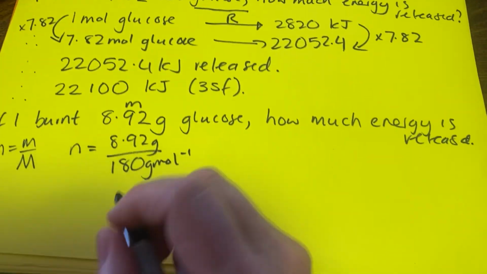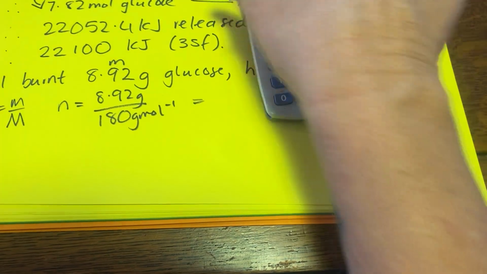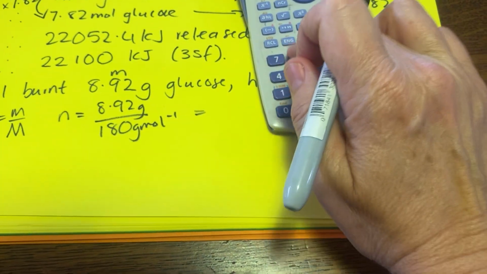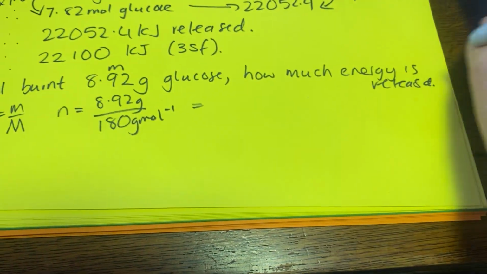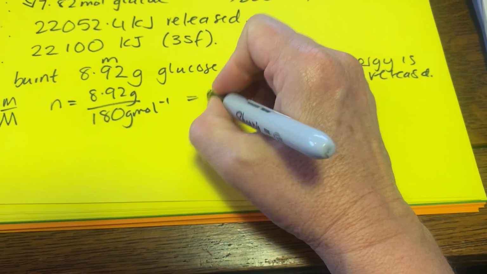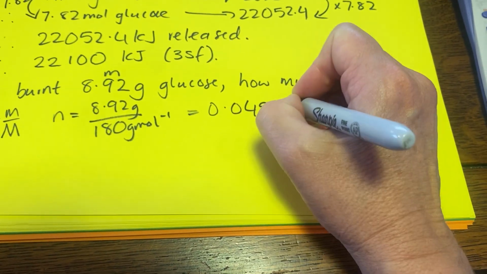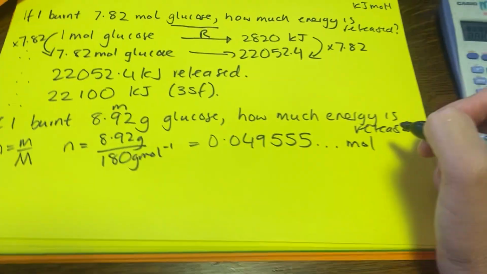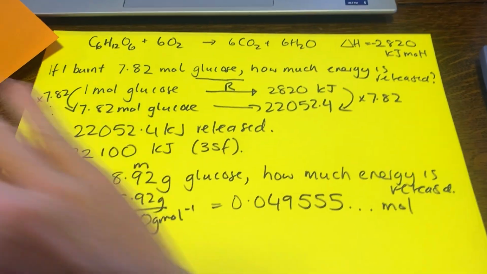And so that's going to be quite a small number, so 8.92 divided by 180. That gives me 0.04955. I am not going to truncate that number. I'm going to keep it as long as I can to start with to make my last answer as accurate as possible.